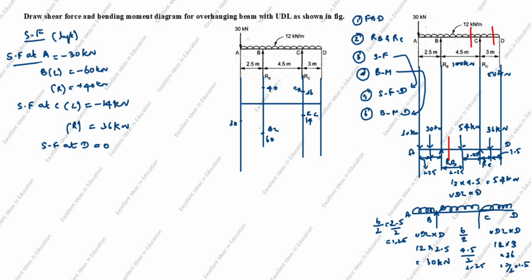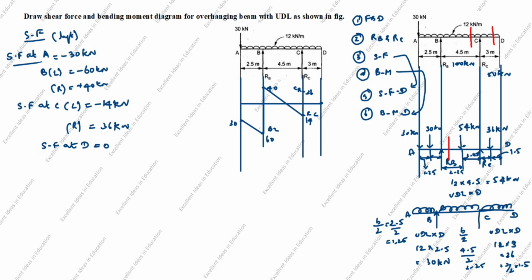Next, D is 0. This is a point load. Draw the straight line. Next, this is UDL, so UDL joins with an inclined line. Next, the line goes up. After that, this is UDL, so it comes as an inclined line.